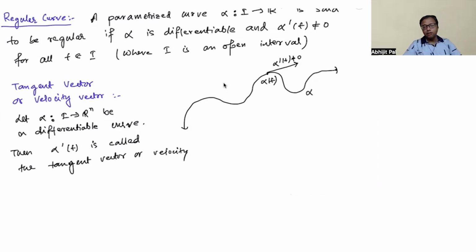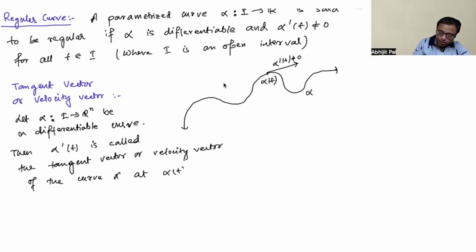So alpha is regular if the tangent vector at each point is not equal to 0. This is the definition of a regular curve.